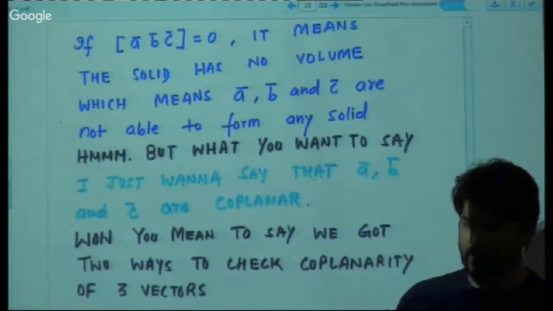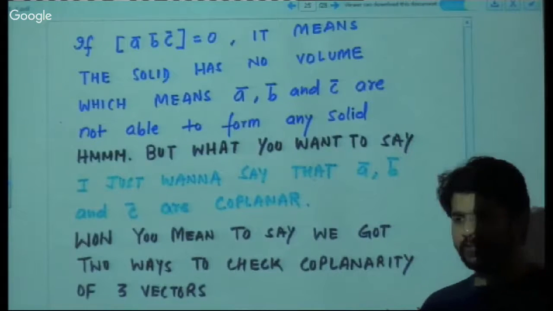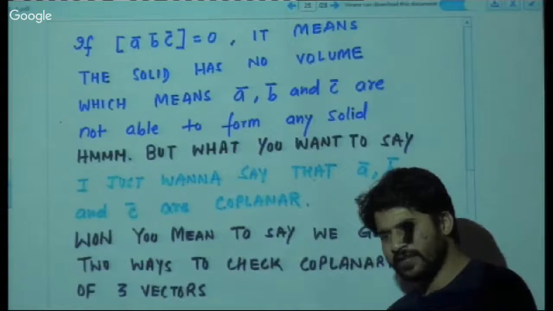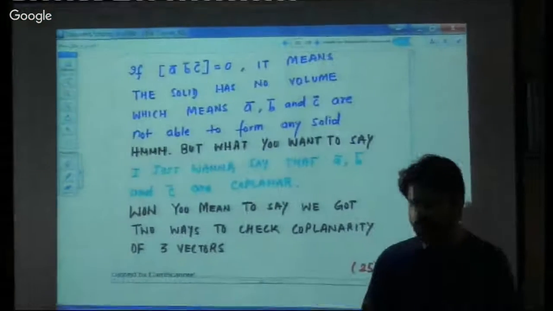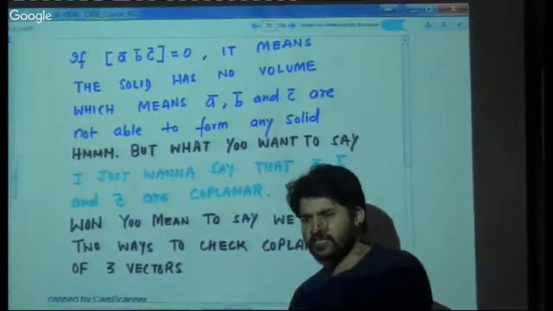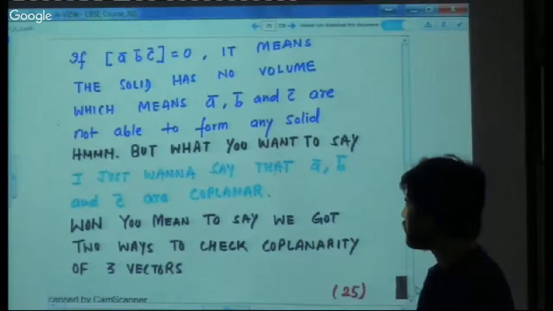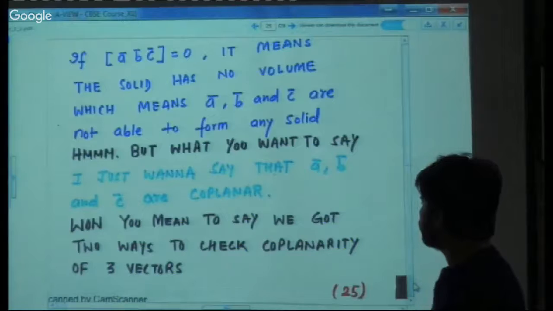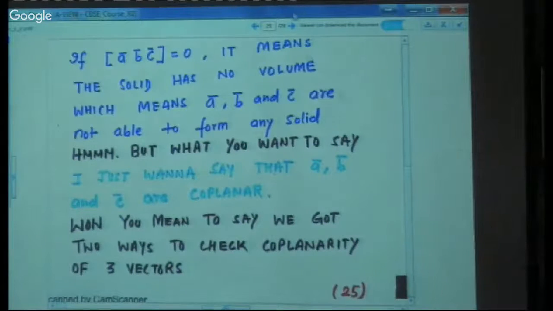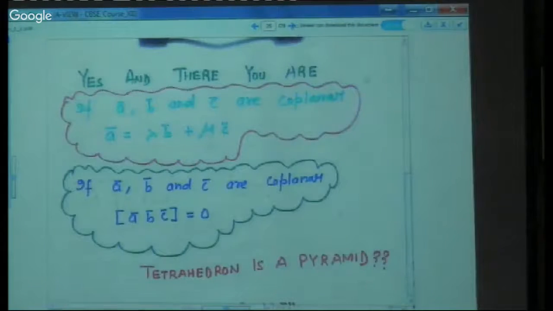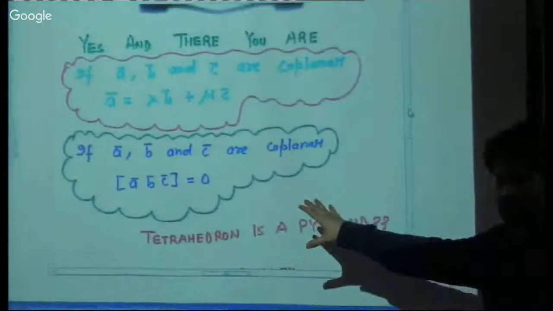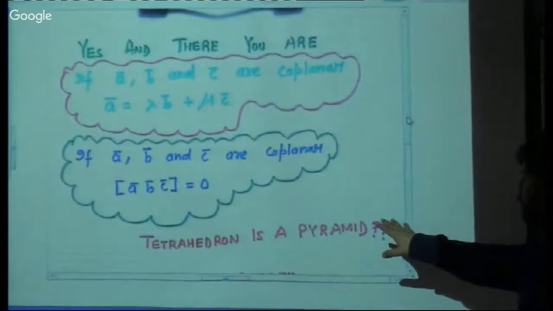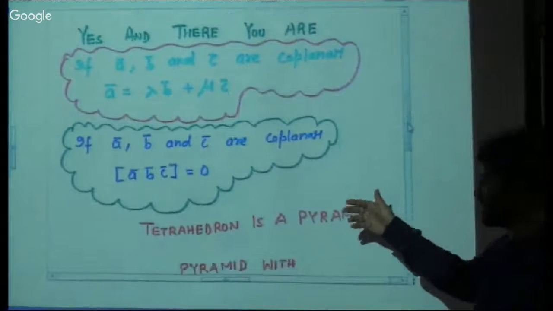Or if I am able to say that the parallelopiped created by these 3 vectors has volume 0, meaning we are not able to create the parallelopiped, it means that these 3 vectors are also coplanar. Can we come down? Okay, next page. So we have now the 2 methods to check coplanarity. We'll find out later how to calculate the volume.